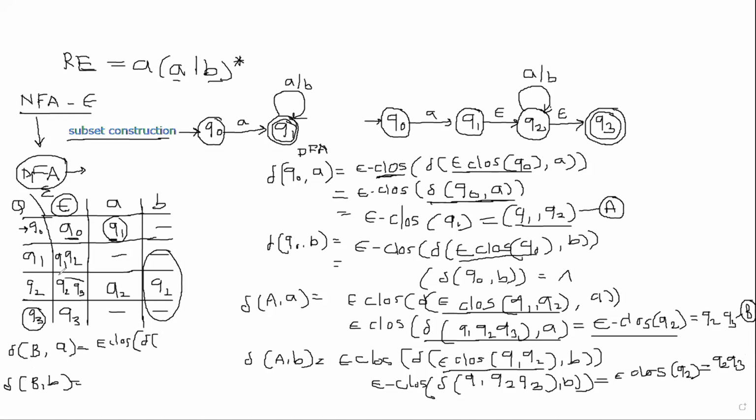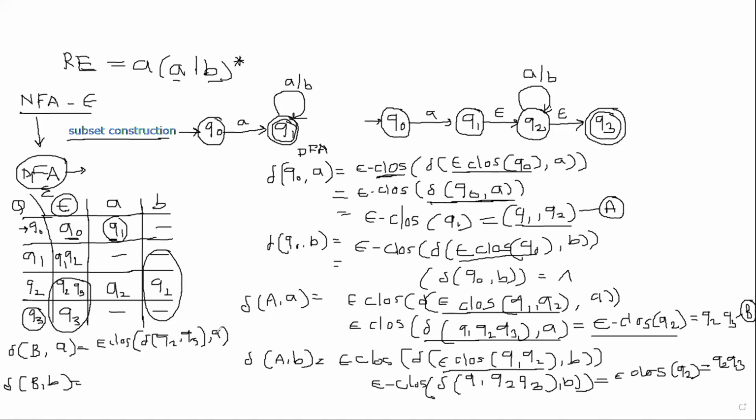Q2 Q3 ची epsilon closure काय आहे? तर Q2 Q3 च आहेत परत. So I will write down directly Q2 Q3 बरोबर A transition.